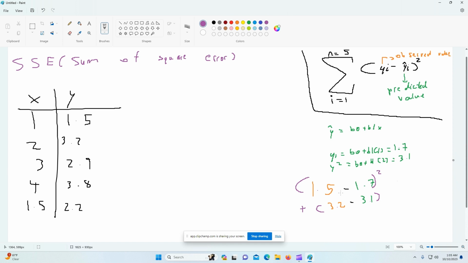So boom, we do this for each data point, right? We subtract the observed value by our estimated value from our equation. And this equation, we're going to obviously find with linear regression. That's the entire purpose of it.